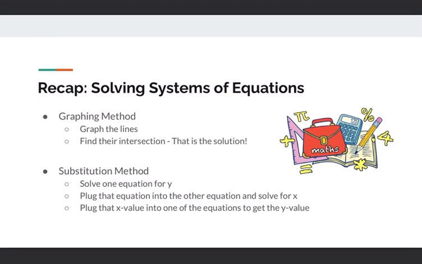So you solved one equation for y, and then plugged that equation into the other one and solved for x, and then you used that x value, plugged it into one of the equations and got the y value, and that x and y was your solution. So that's just a reminder of what we went over in the last module.